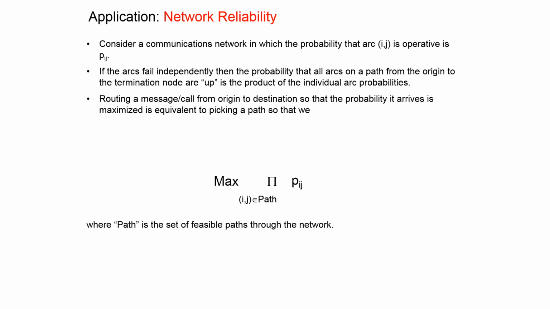The second problem that we're going to look at in this lecture is the network reliability problem, the most reliable network problem, and this is a slight deviation from the shortest route problem. Because instead of having the shortest route, I'm going to have the most reliable route.